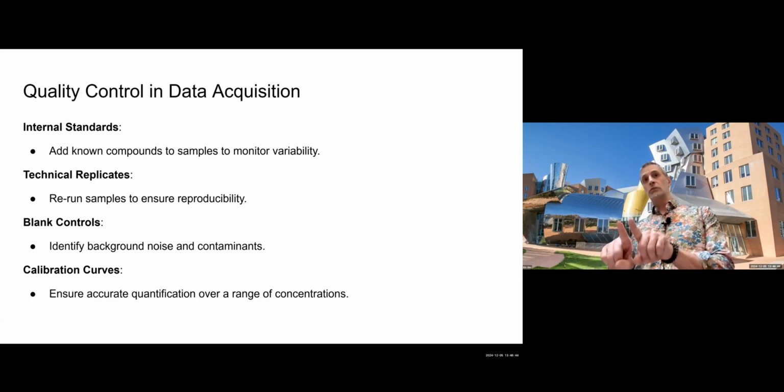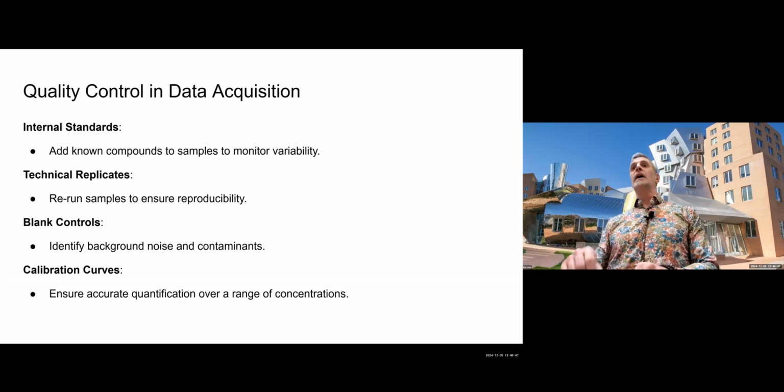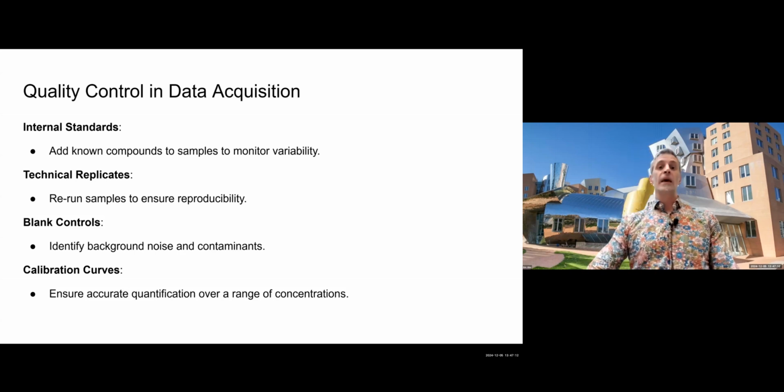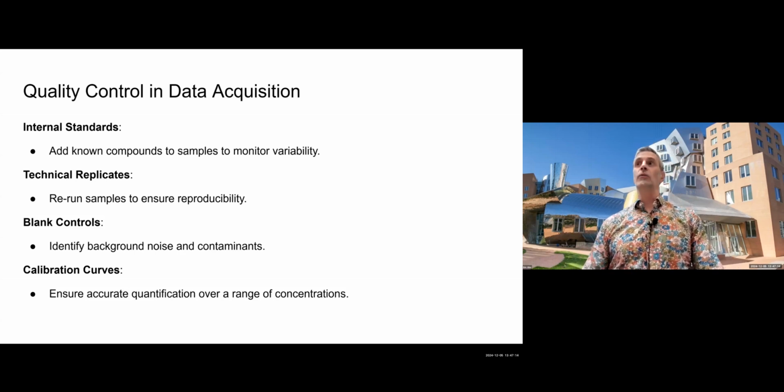So if we have two molecules entering at the same time, and one of them is very efficient and it's sucking up like all of the available ions, then the other one is going to be depressed, like artificially, and that's going to also throw off the quantitation. So it can be fairly tricky to try to quantitate these things. And that's why we'll run replicates, internal standards, and also calibration curves to try to account for that.